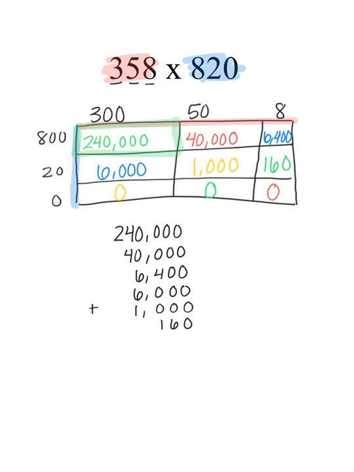Now when you add, make sure that you're keeping your place values lined up pretty well so that you don't get confused. In the ones place, I'll just have a 0, because a bunch of zeros added together just equals 0. In the tens place, when I add all those numbers, I just get 6.